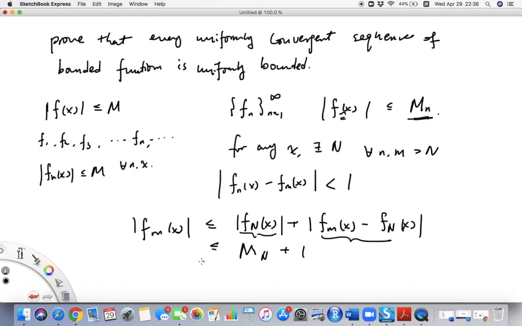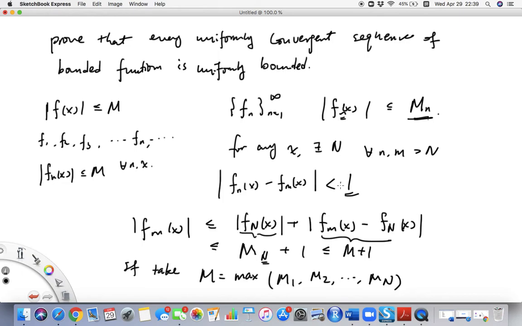Then if we take M to be the maximum of M1, M2 all the way to MN, then this is less than or equal to M plus 1. That's how we get rid of the subscript, because here we picked 1 as our epsilon.